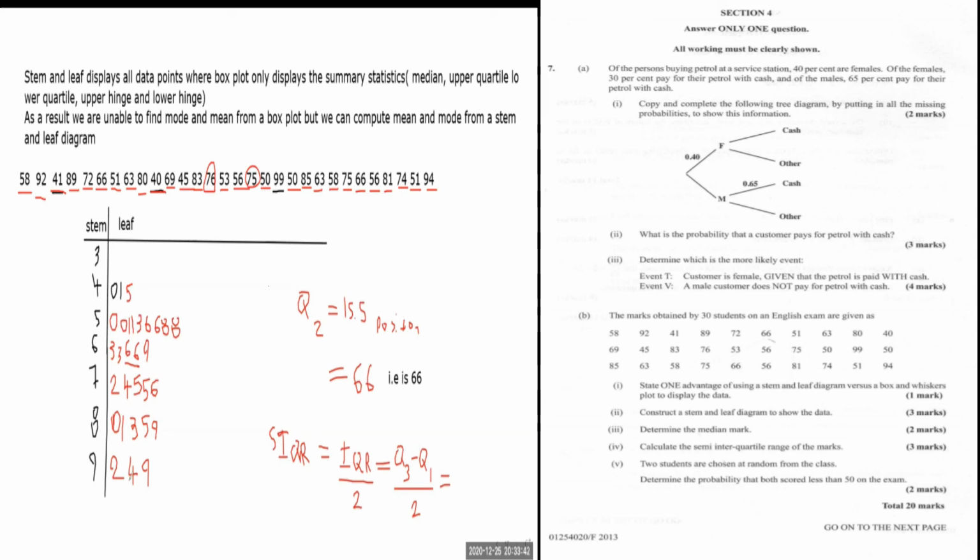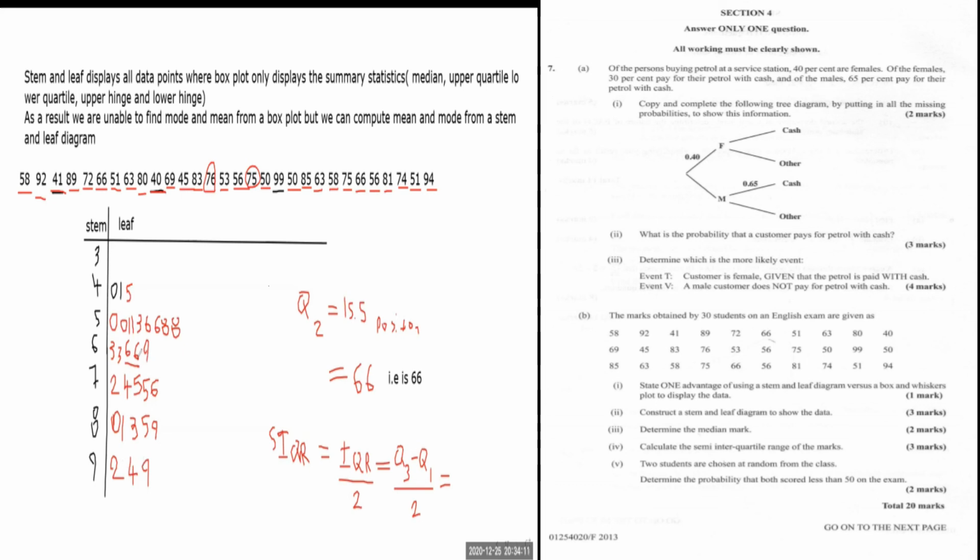All right, so let's find Q3. Now, the position of Q3 is going to be 3/4 of n plus 1. So it's going to be 3/4 of 31, and that's the 23rd and a quarter term. So let's go there. 2, 3, 4, 5, 6, 7, 8, 9, 10, 11, 12, 13, 14, 15.